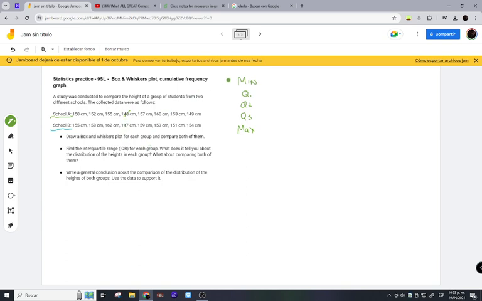148 centimeters. So 148. The next is going to be 149. Next is going to be 150.